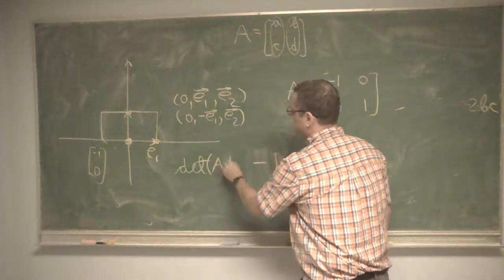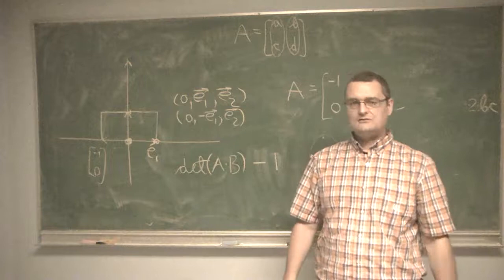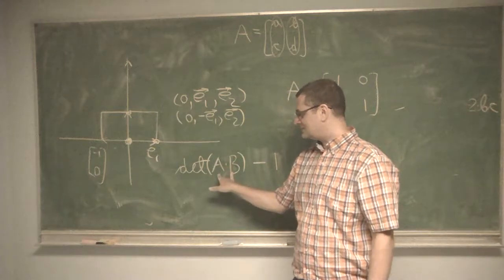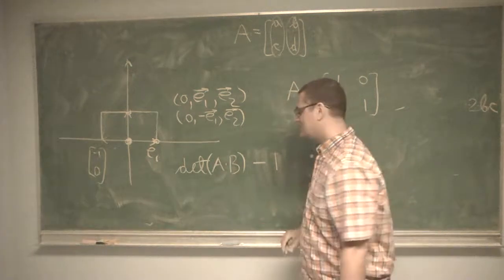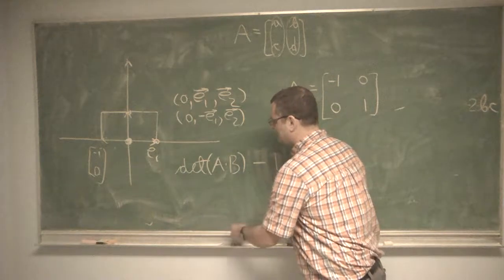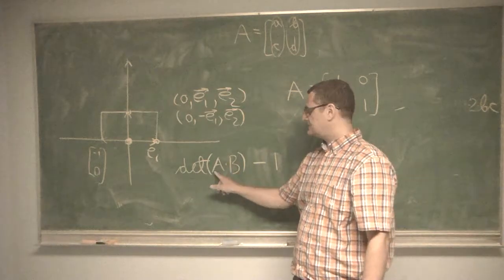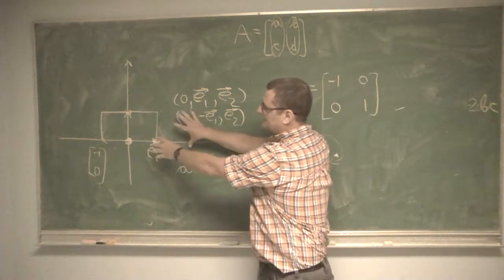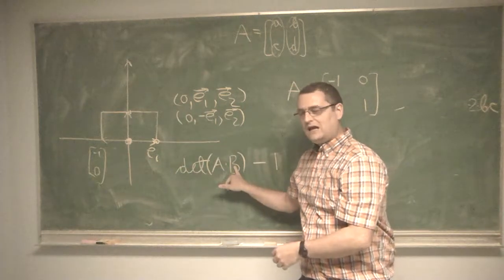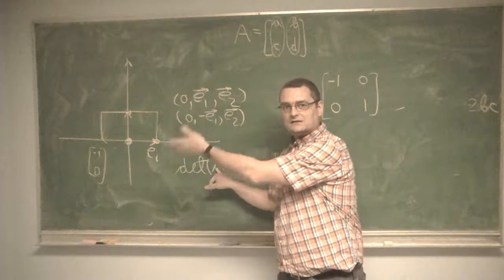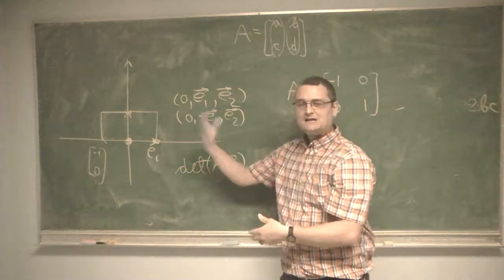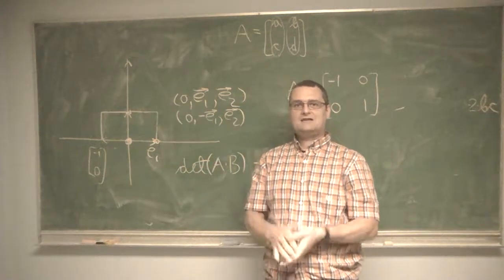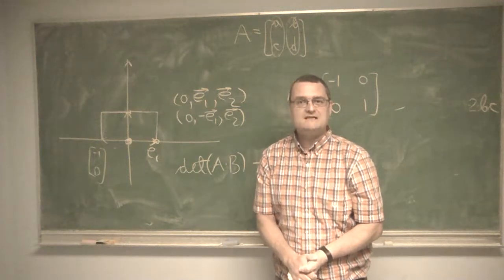The determinant of A times B is the determinant of A times the determinant of B. That's so easy to see because the product of 2 matrices is another matrix which represents the transformation that is a composition of the linear transformations represented by A and B. So if I double the area under one transformation, and then I triple the area under the other transformation, in total I enlarge area by a factor of 6, 2 times 3.